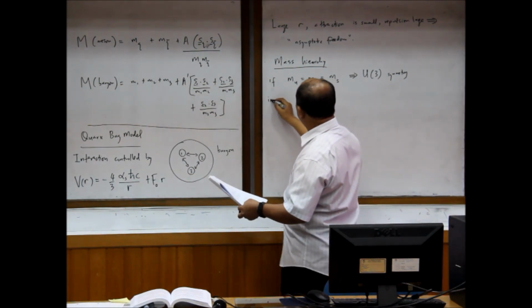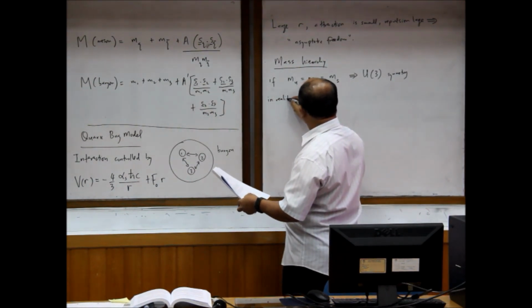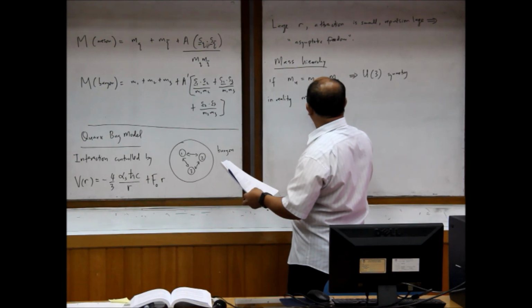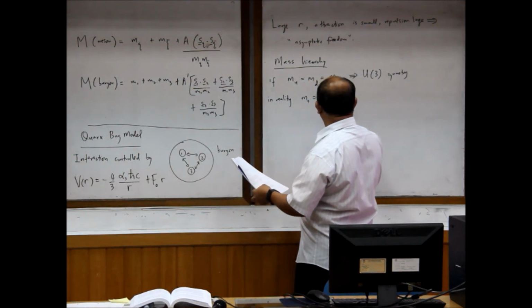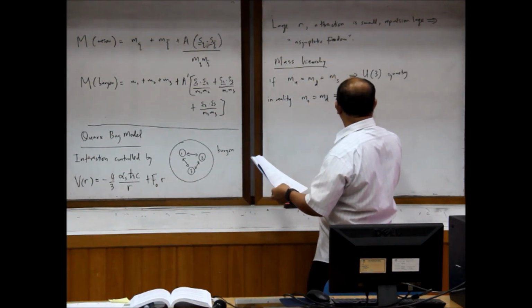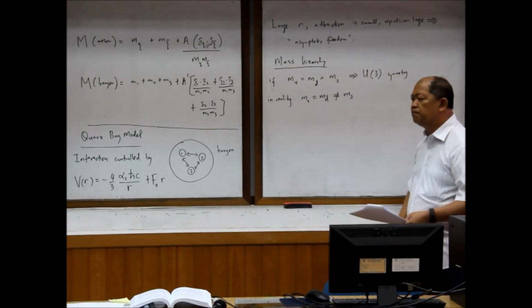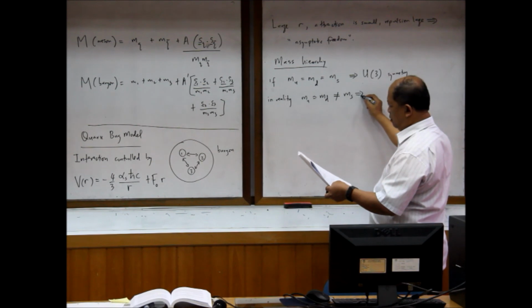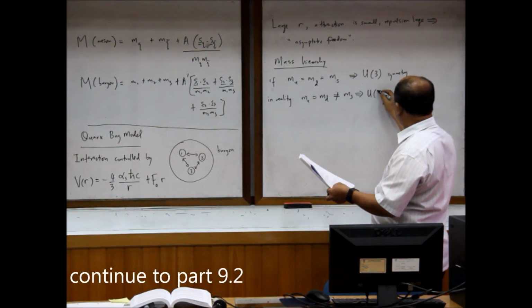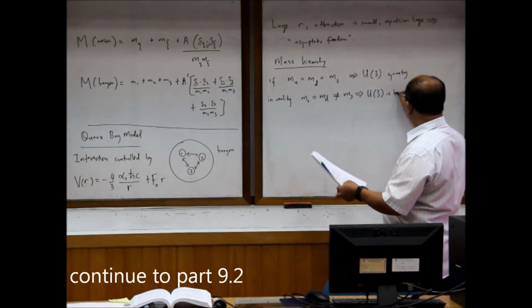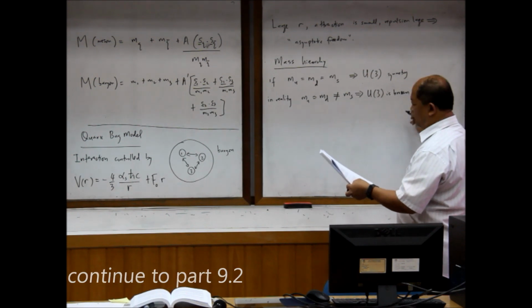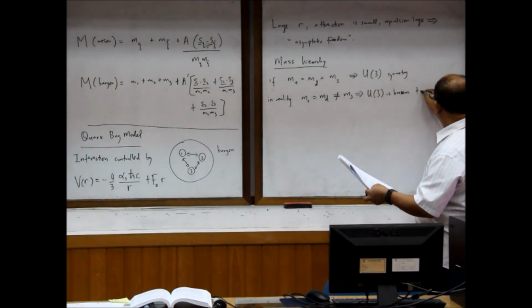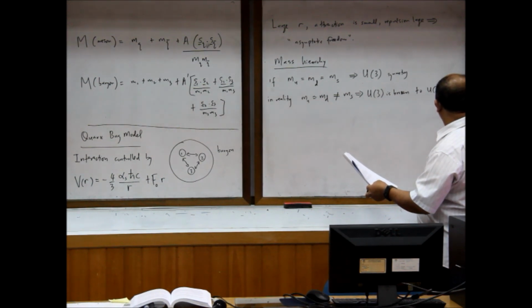In reality, the mass of U is roughly about the mass of D and not equal to strange. The strange is the jump. So this means that U3 is broken. The unitary group is broken to U2 cross U1.